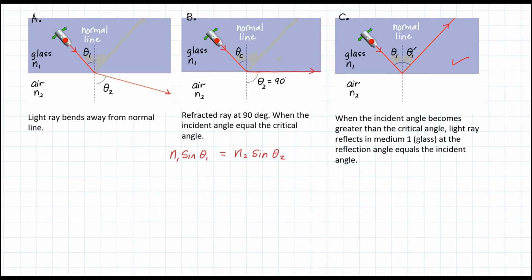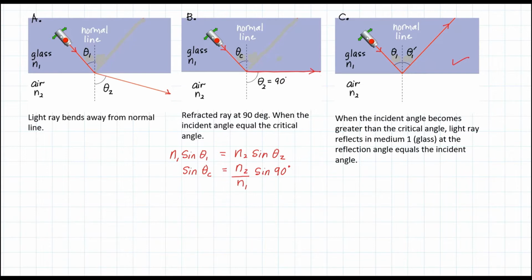From Snell's law, n1 sine theta 1 equals n2 sine theta 2, where in our case, n1 is the refractive index of glass, theta 1 is the incident angle, which now becomes the critical angle, theta c, n2 is the refractive index of air, and theta 2 is the refracted angle, which is equal to 90 degrees.